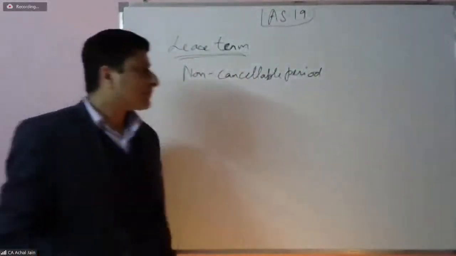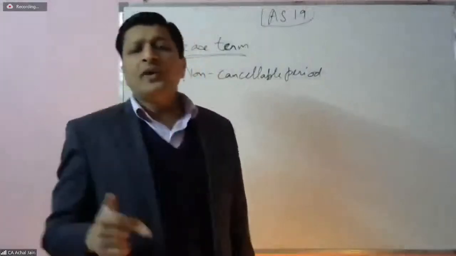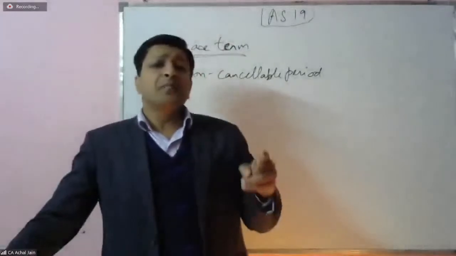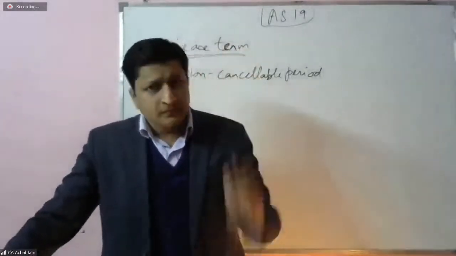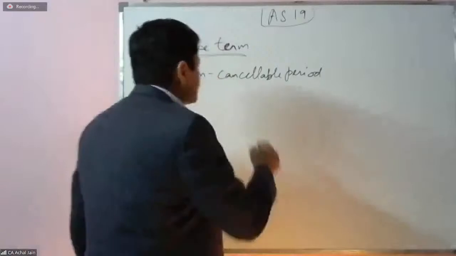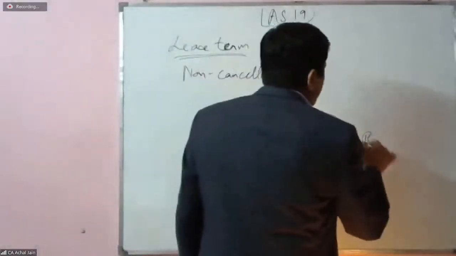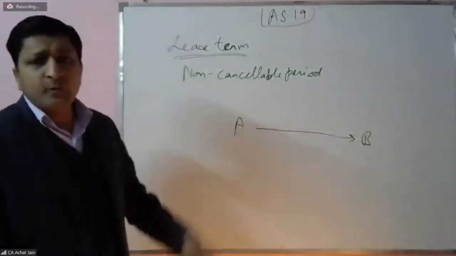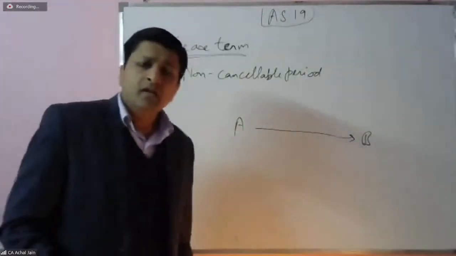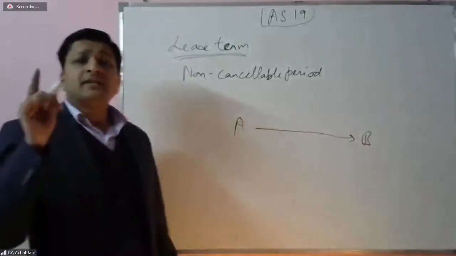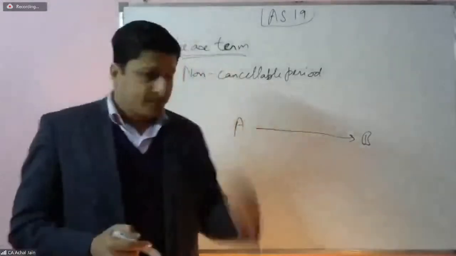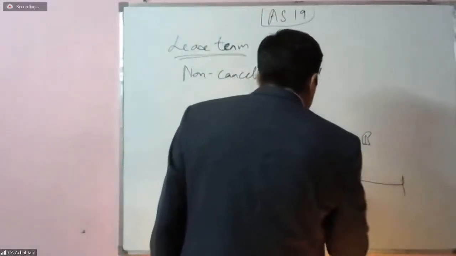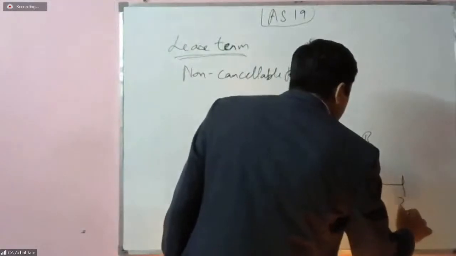For example, A and B entered into an arrangement wherein A has taken premises on lease from B, and A will make the payment to B. The arrangement says that the contract is for 3 years. 1, 2, 3.